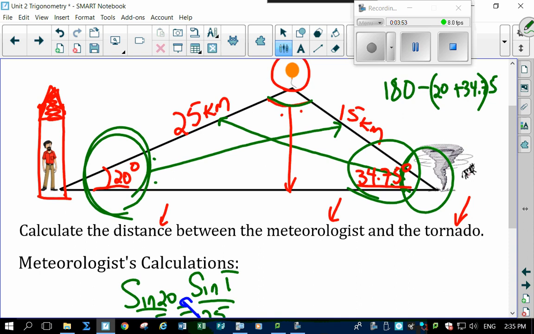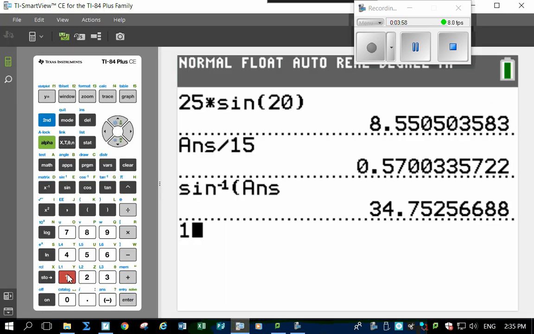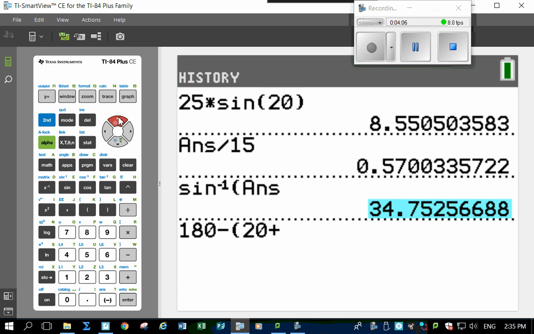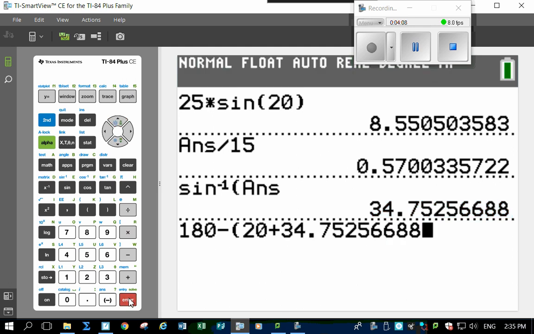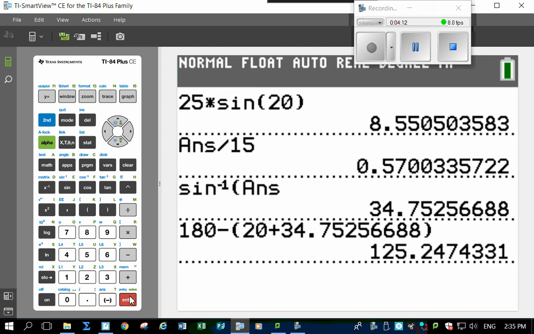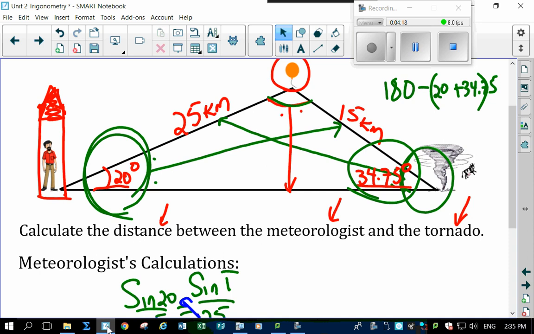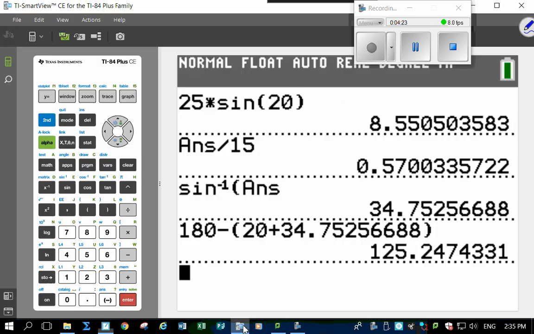Watch how easy this is on your calculator. 180, subtract, bracket, the 20 degrees that we had earlier, plus this 34.75. So all I'm going to do is just mouse up to here, hit enter, and look at that. It transfers that whole number down here, gives me a value of 125.24.